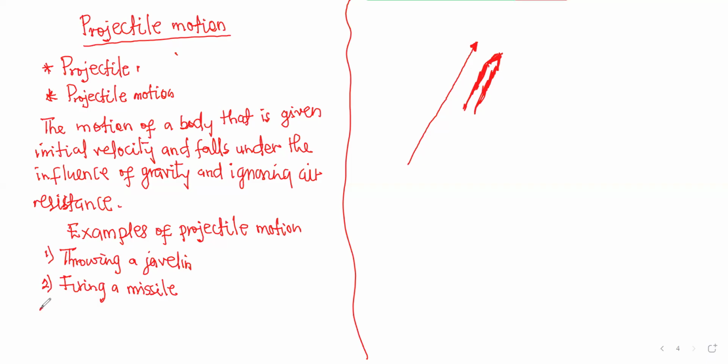Then three, kicking a ball in the air. If you've watched football matches, whenever the wind velocity is high, football matches must be stopped because air resistance affects the motion of the projectile, which is the ball here.